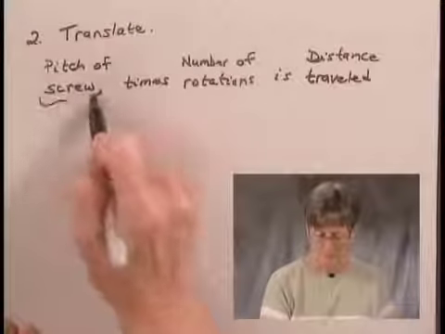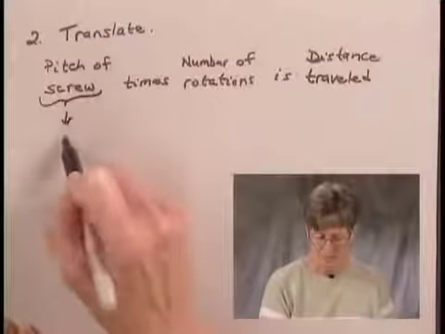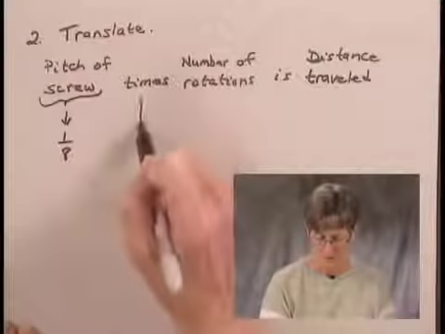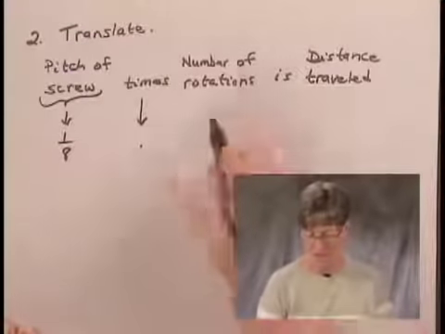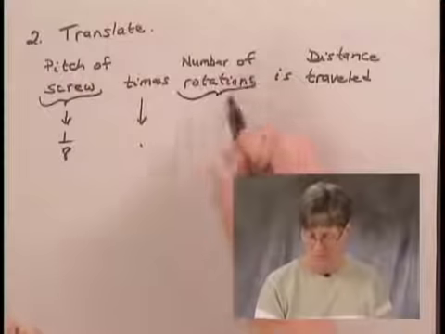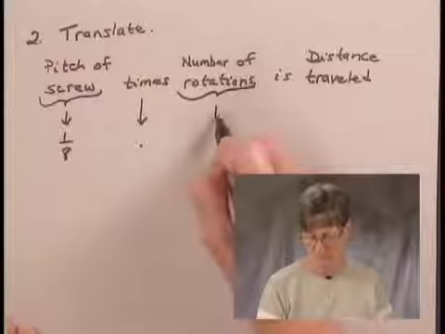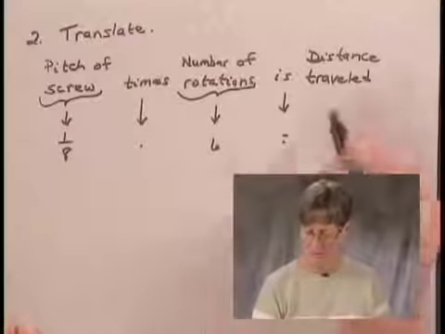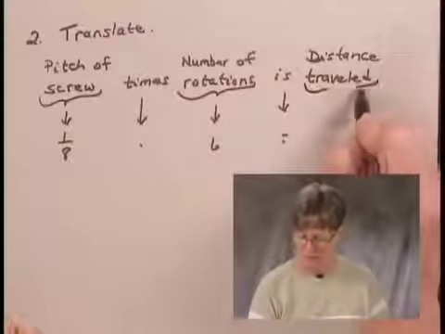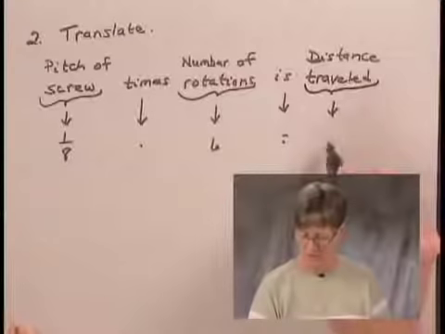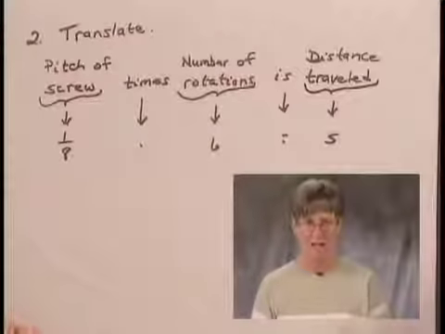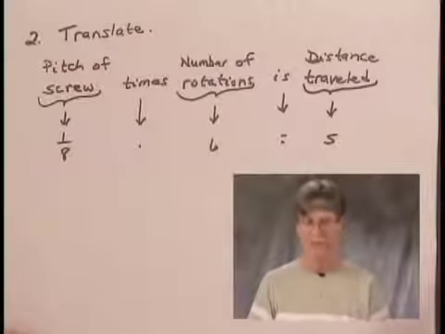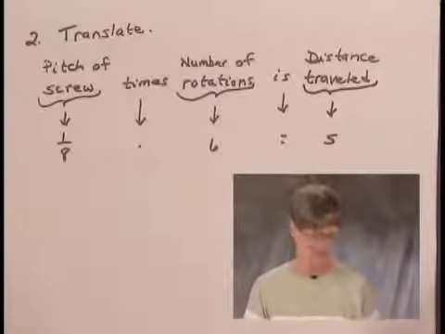Now the pitch of the screw, we're told, is 1/8 inch. Times translates to times. We know that we're going to be turning this 6 complete rotations, so this translates to 6. Is translates to equals. And the distance traveled, we gave the name of S. So we have an equation, 1/8 times 6 is equal to S.